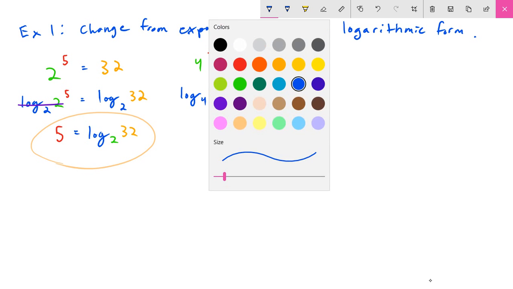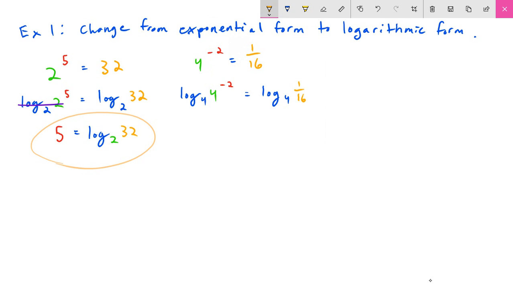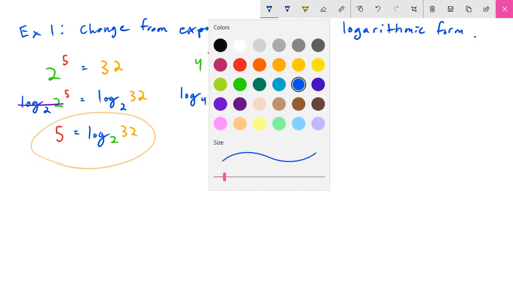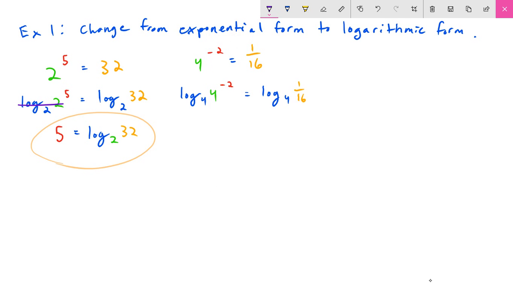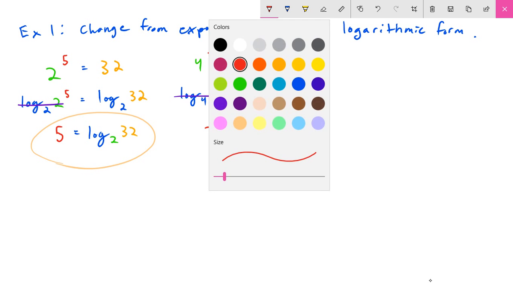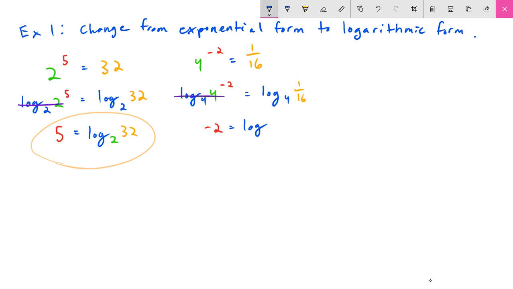That's right, log base 4 of 1 over 16. Which results in what? That's right, negative 2 equals log base 4 of 1 over 16, and that's your answer.